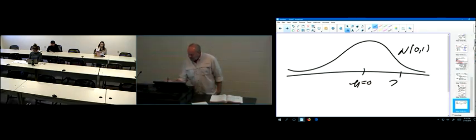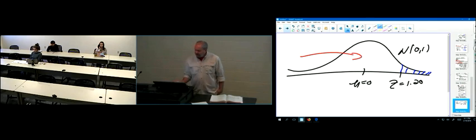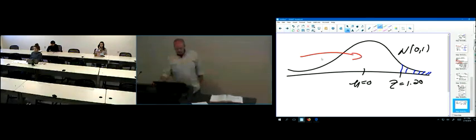I have a z-score of 1.20, and I want the area to the right. Unfortunately, the table always tells me the area to the left. Did you give me 1.20? Where am I at? I'm here, 0.8849. What do you think? I'm seeing 0.8849.